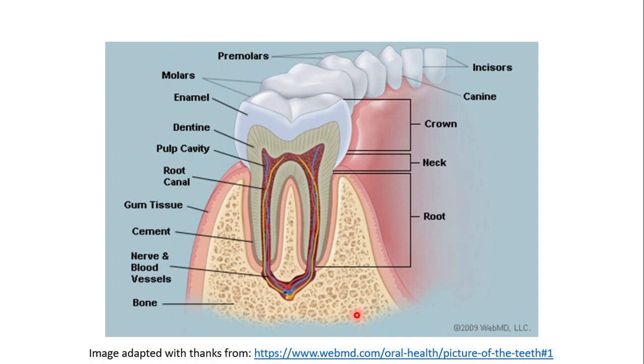If you look at this, you would find that the tooth is generally comprised of three external regions. This is the first region, this is the second region, and this is the third region. The first region is called the crown. It can be visualized by the naked eye.